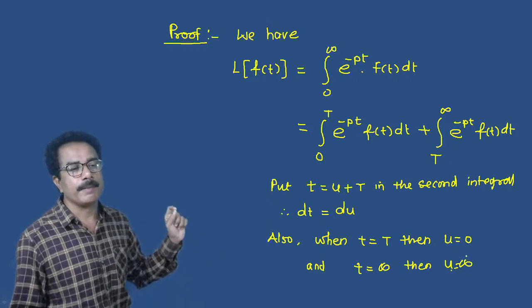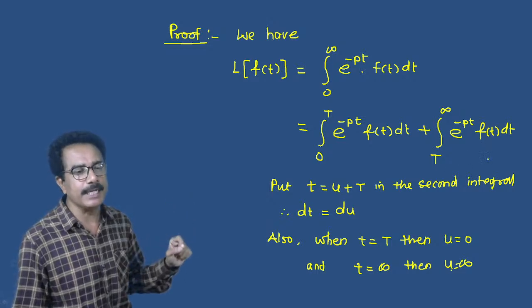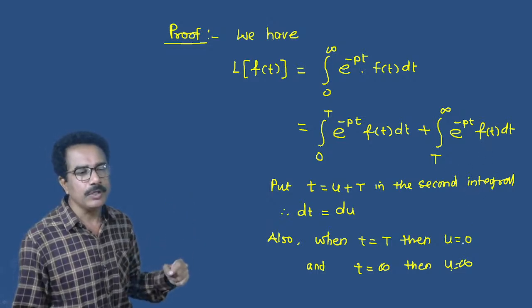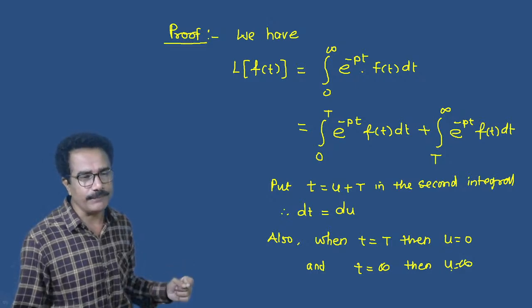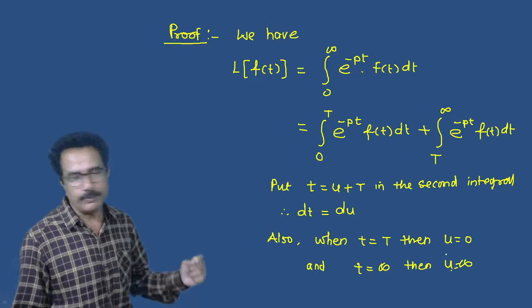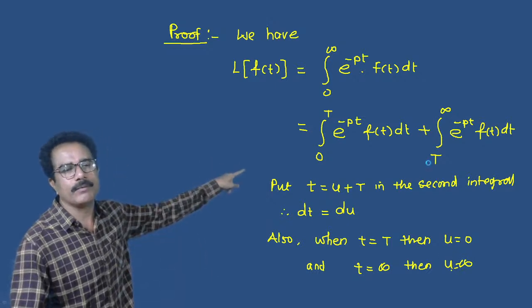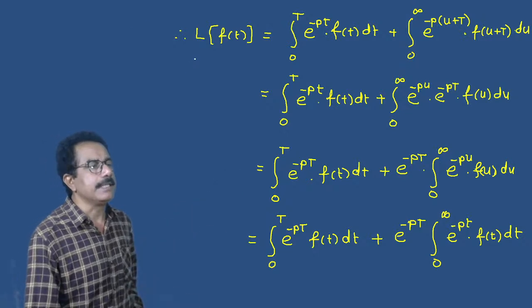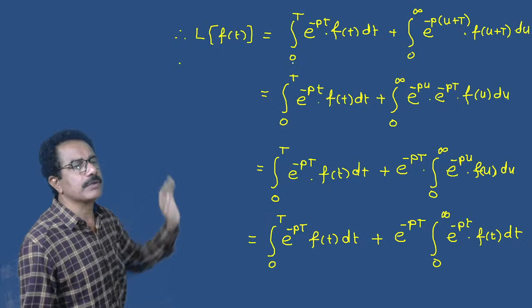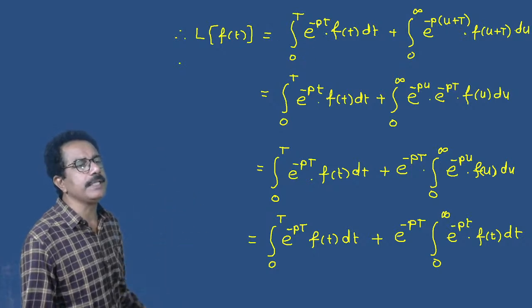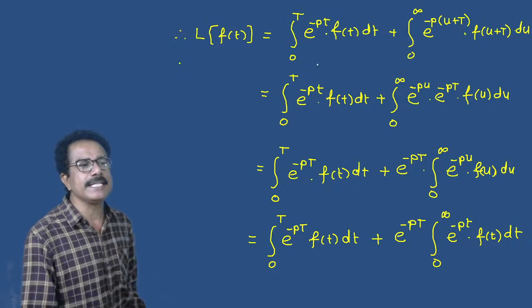That means after changing the variable in the second integral in terms of u, we have to write the new limits 0 to infinity, u is equals to 0 to u is equals to infinity. So now this equation becomes L of f of t, which is equals to integral from 0 to infinity e raised to minus p t f of t dt. The first integral is as it is.